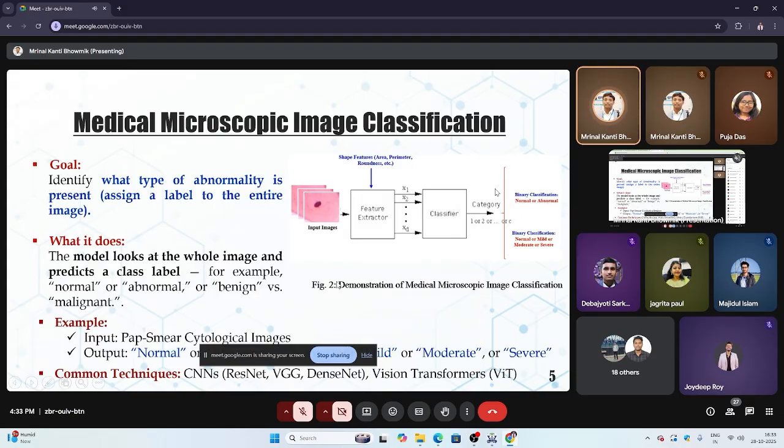In multi-class classification, it tells whether it is normal, mild, moderate, or severe. For example, if the input is pap smear cytological images, binary classification will give normal or abnormal, and multi-class will give normal, mild, moderate, or severe. Some of the common techniques are sequential CNNs or vision transformers, which are used nowadays.